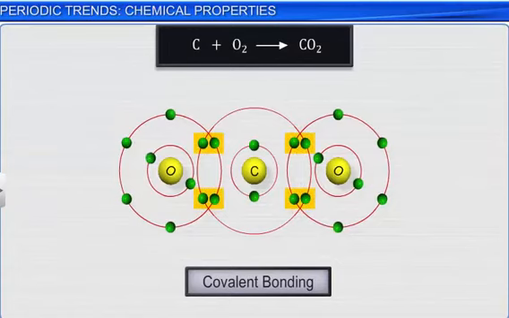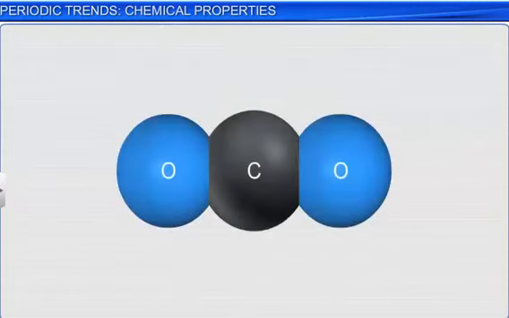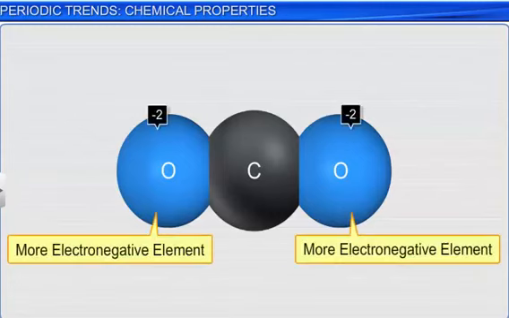The oxidation state exhibited by an element in a covalent bond is equivalent to the charge acquired by its atom based on its electronegativity with respect to other atoms in the compound. The more electronegative element in a compound is given a negative oxidation state, whereas the less electronegative one is given a positive oxidation state.